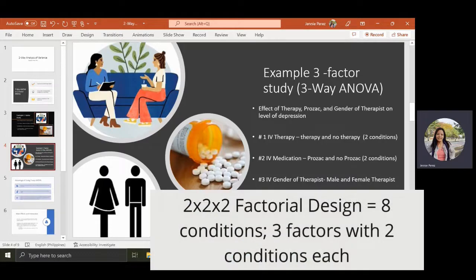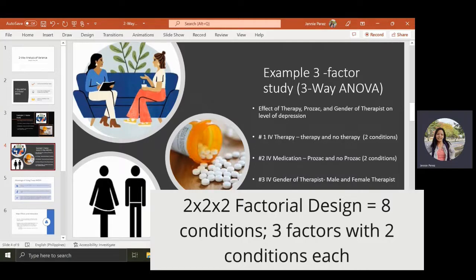Another example would be a 3-factor study. This time, this would involve a statistical analysis which we call a 3-way ANOVA. For example, you don't only consider therapy and the use of medication, but you also consider the gender of therapists on the level of depression of your clients.